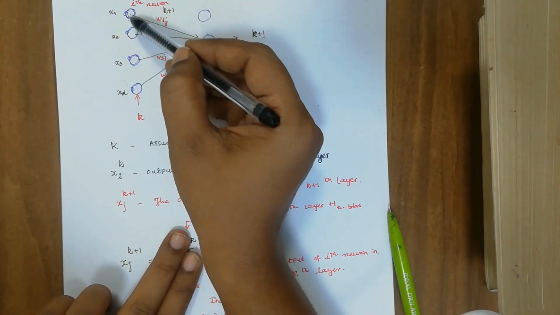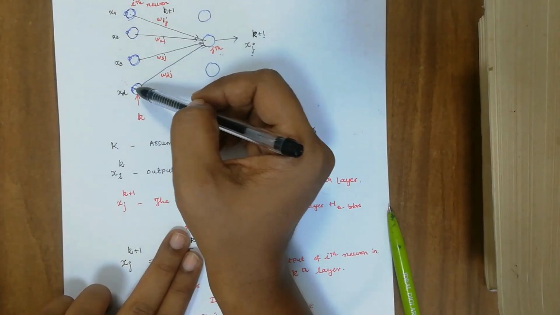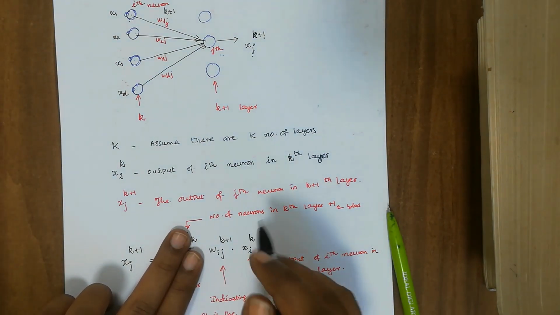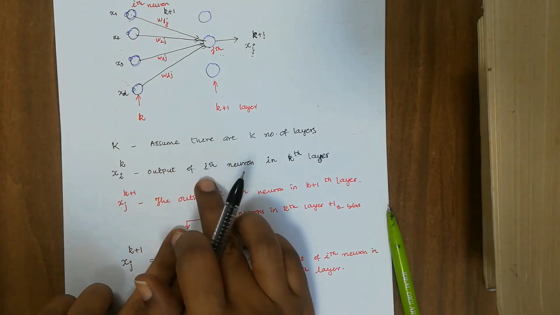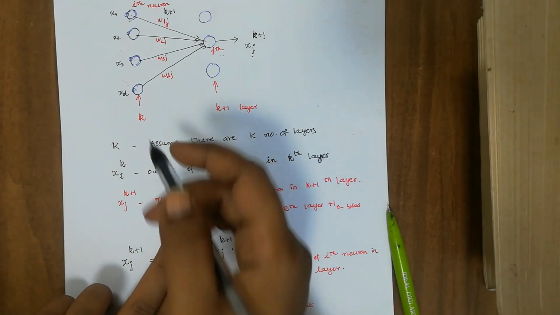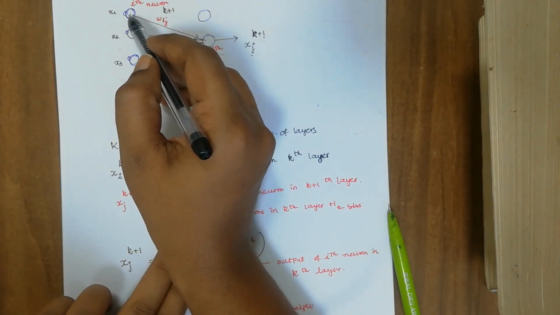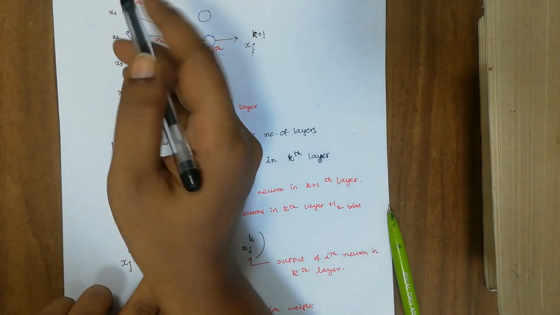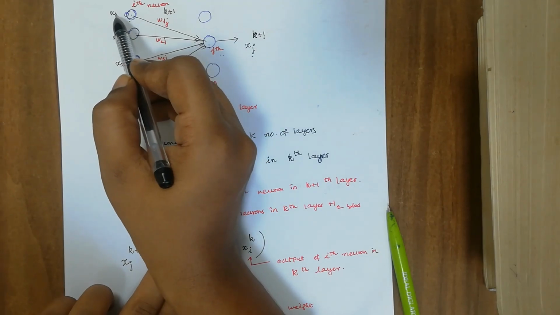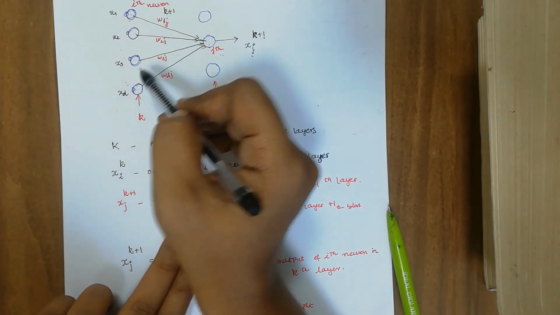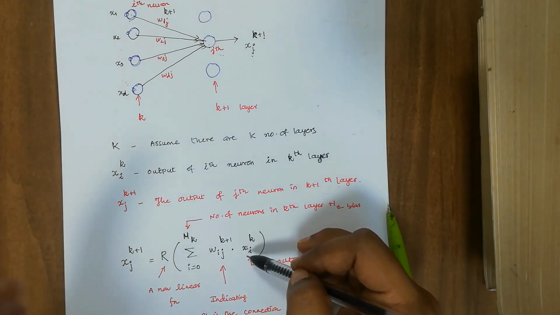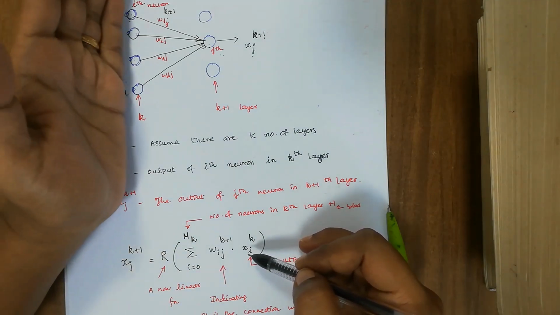The input of each neuron is multiplied by xi^k, where xi^k is nothing but the output of the ith neuron in the kth layer, because these are similarly computed from the previous layer. So now let us represent it as xi^k, where it is getting the input from the previous layer.